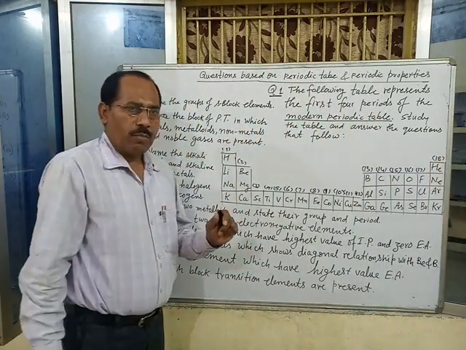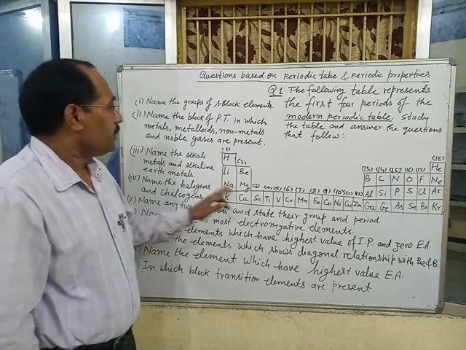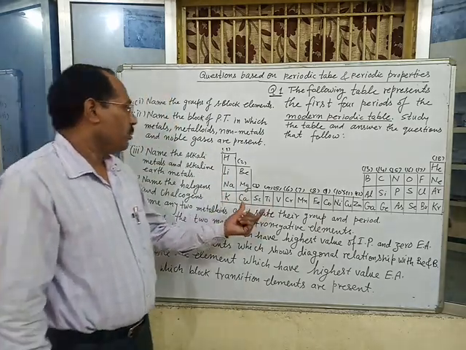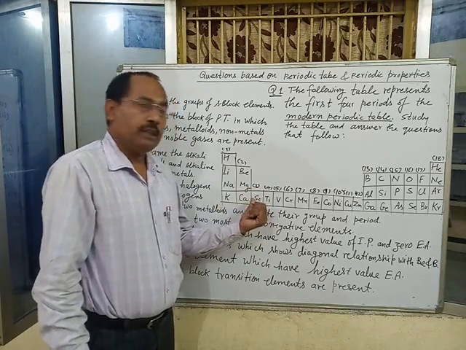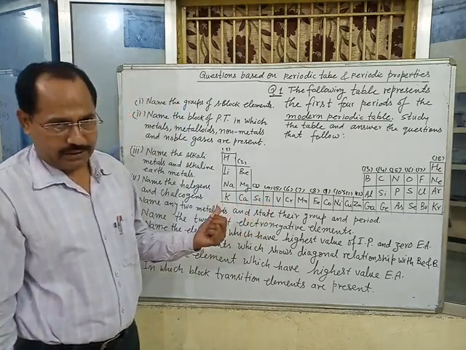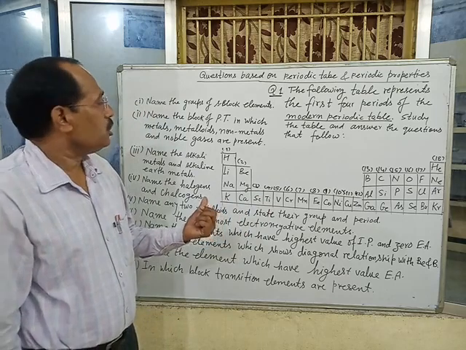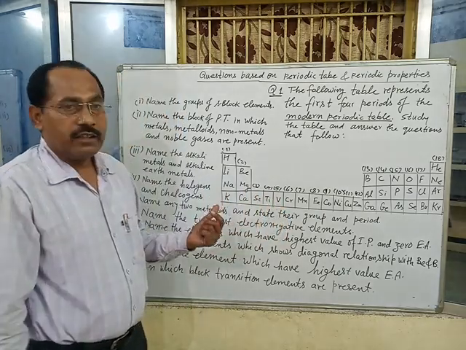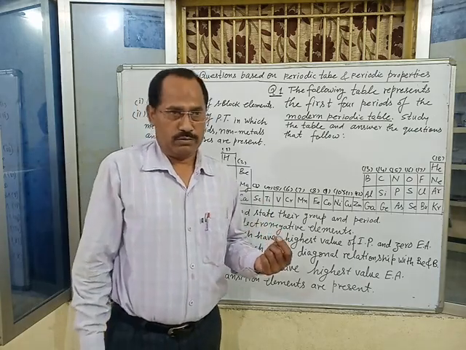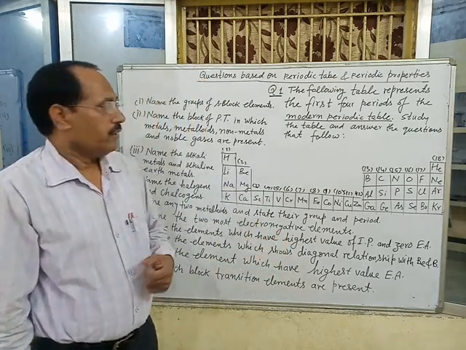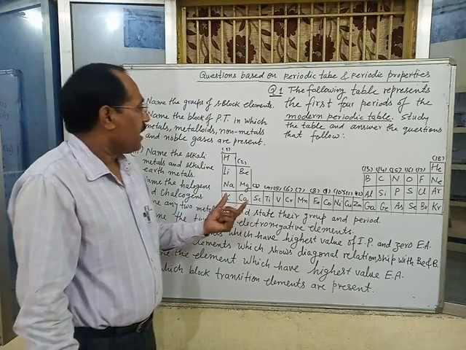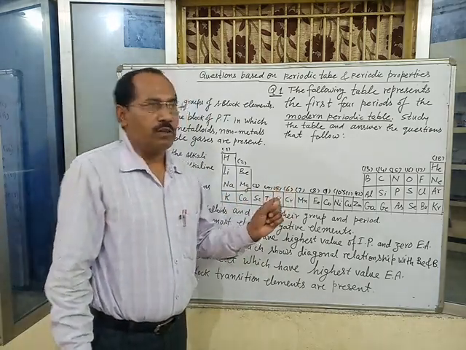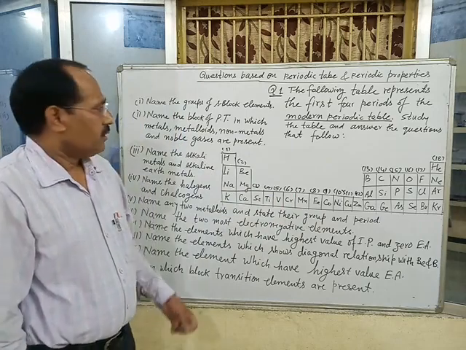This system is known as IUPAC system, and this table is said to be IUPAC periodic table. IUPAC, International Union of Pure and Applied Chemistry, in the year 1984, gave the idea for numbering the different groups of the modern periodic table.